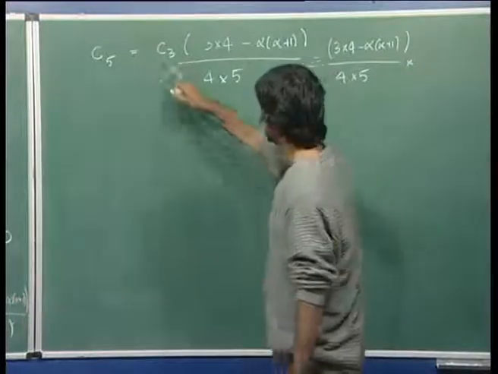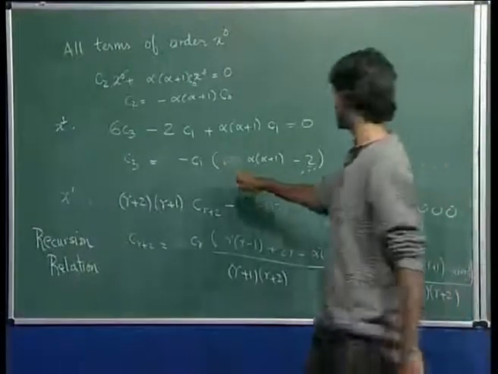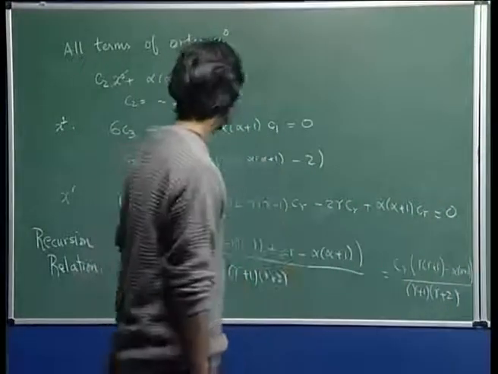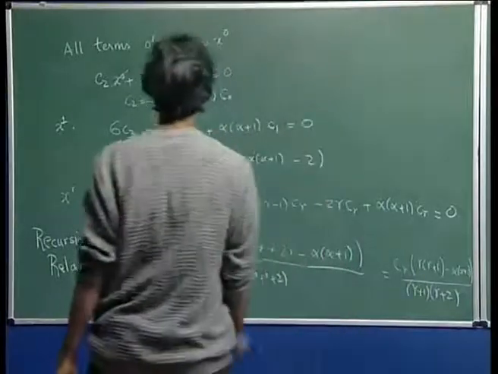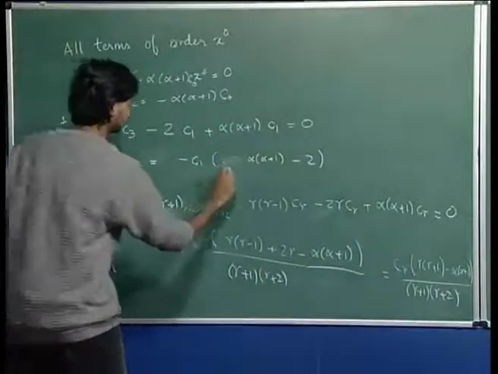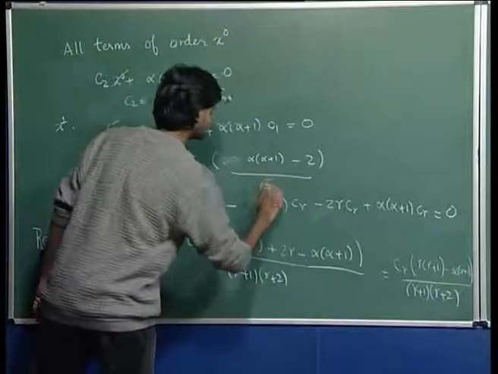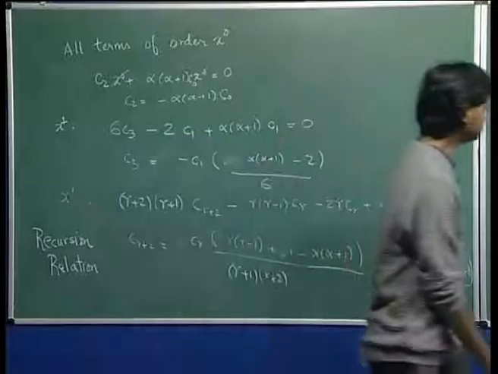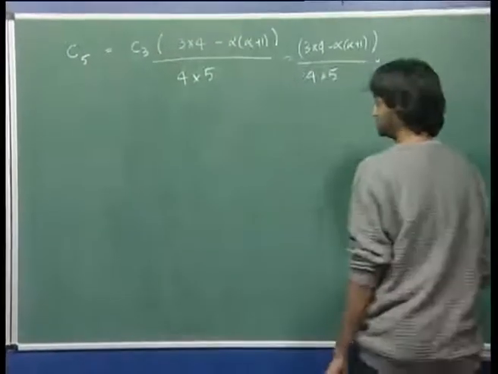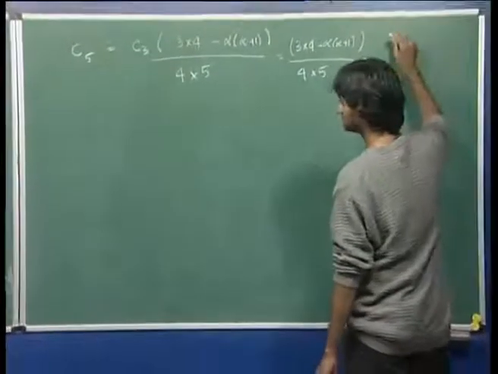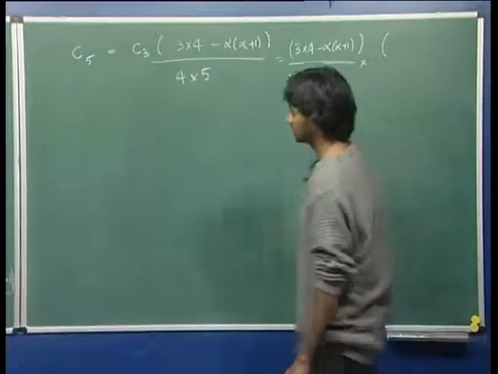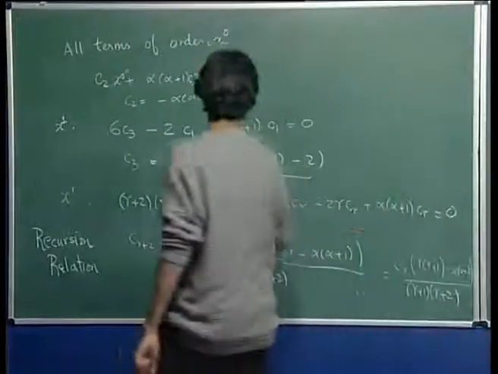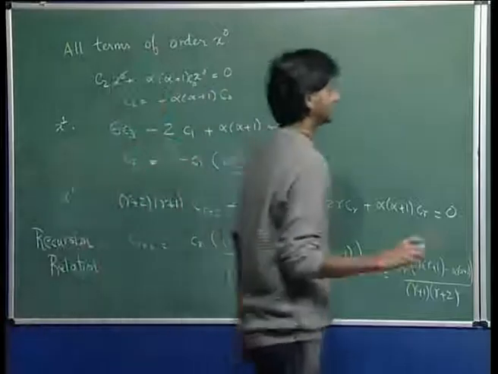So, I will leave this as it is, and then for C3 I will use this relation. Okay. This is this divided by 6, which is 2 into 3. Okay. So, what I have here is I can absorb the minus sign inside. So, I get 2 minus alpha, alpha plus 1.